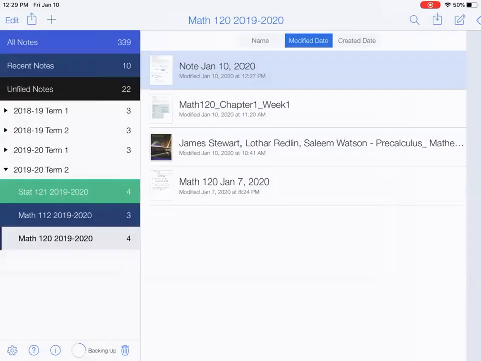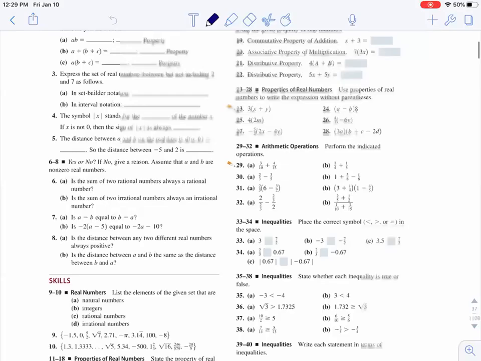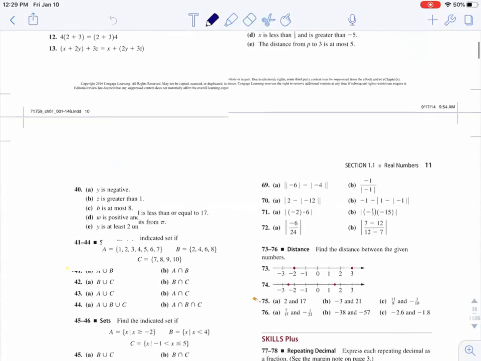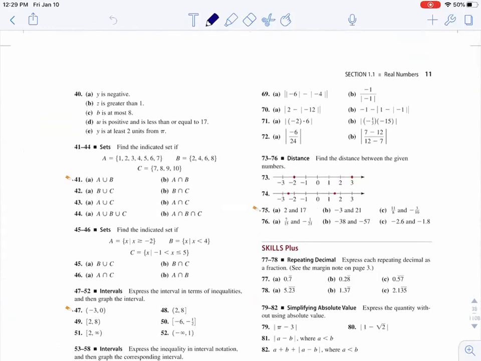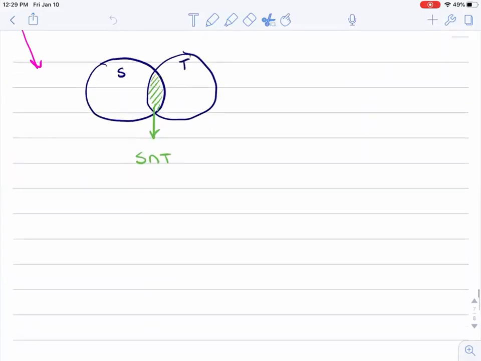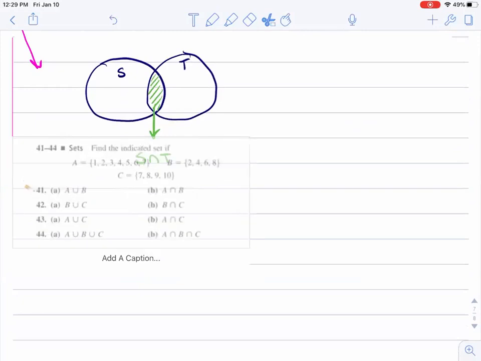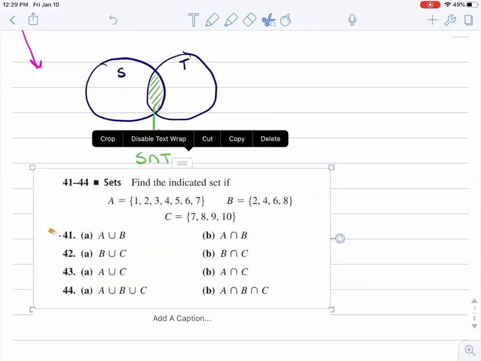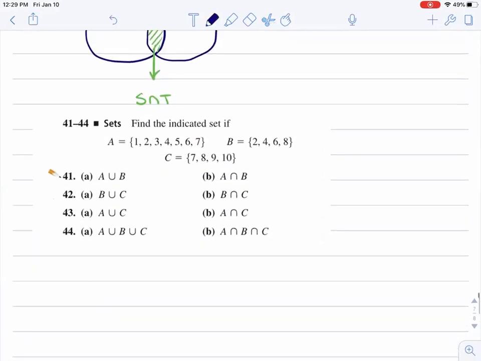Let's do, this says 41. So we'll do a few of these.